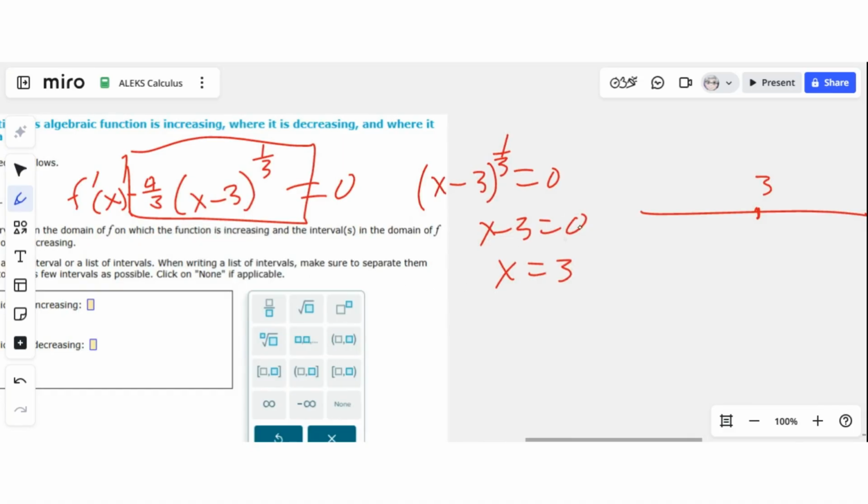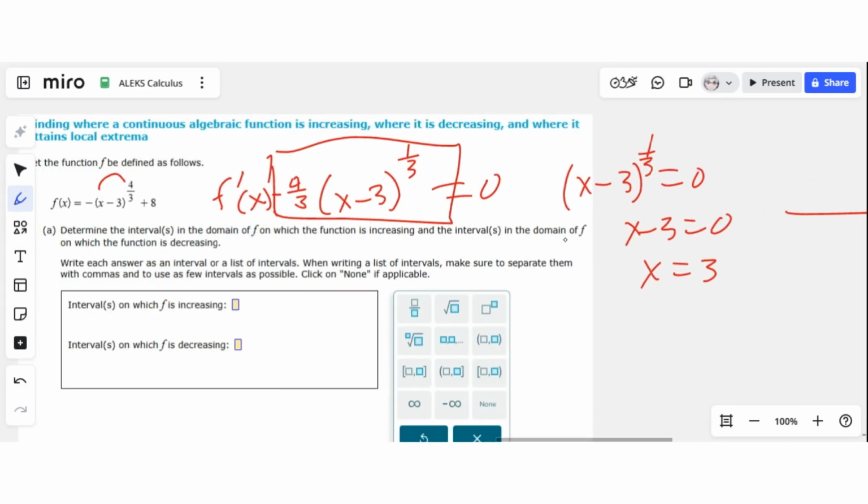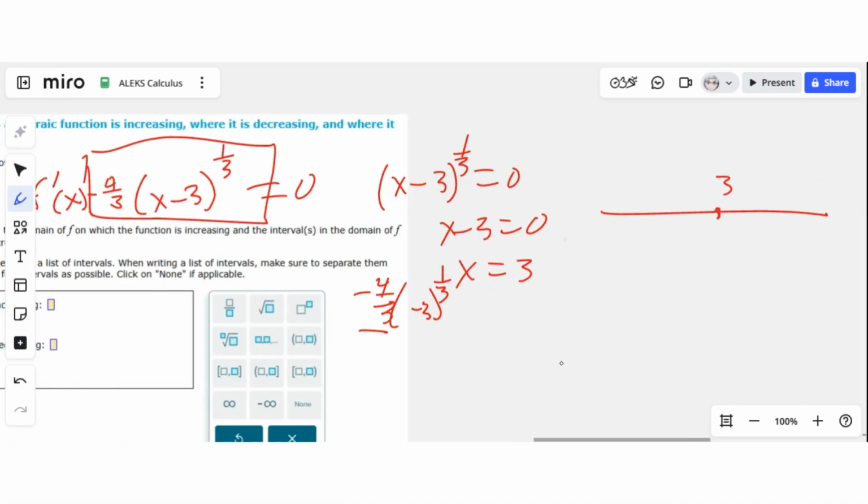To the left of 3, I'm just going to put in 0 because that usually makes things pretty easy. So I've got negative 4/3 times 0 minus 3, and take the cube root of that. Well, the cube root of negative 3 is going to be a negative something, and we're multiplying it by a negative 4/3. So negative times a negative is going to be a positive.